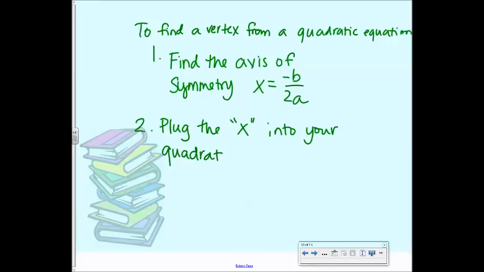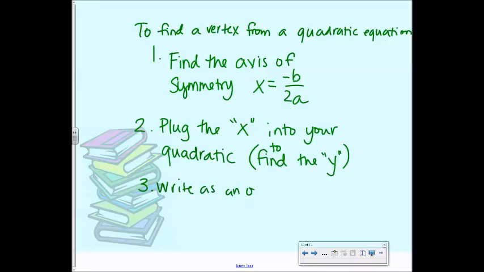And then that's your vertex. The x, y, that is your vertex. So then you just write it as an ordered pair. Because you found the x, and then you plugged it in to find the y. Okay, so remember, the axis of symmetry is the line that goes through the vertex. So the x value is the value from the vertex. So then just to find the y, you just plug it in.